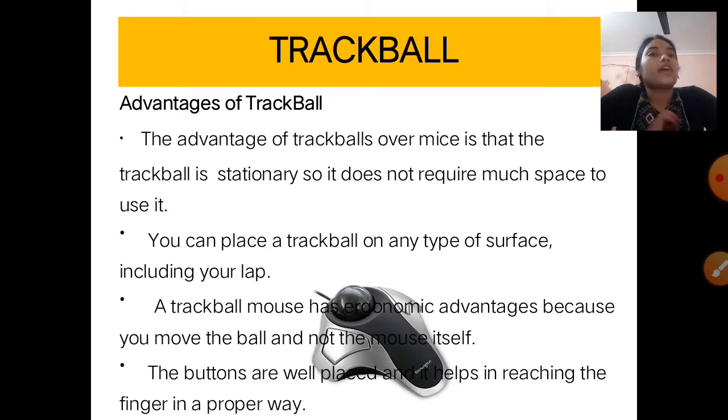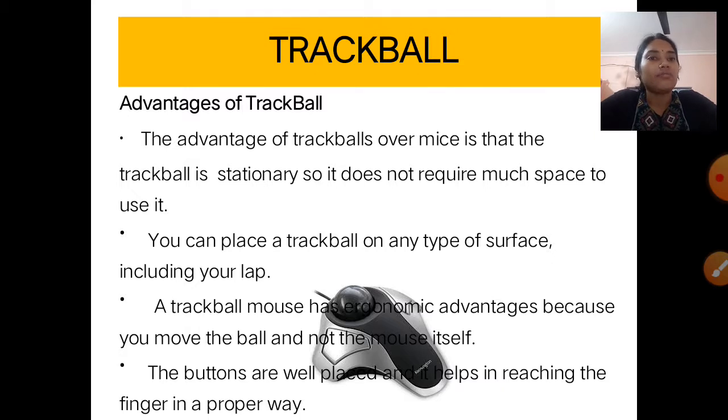Advantages of the trackball over the mouse: the trackball is stationary, so it does not require much space to use. You can place a trackball on any type of surface, including your lap.